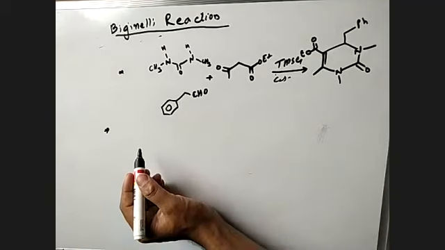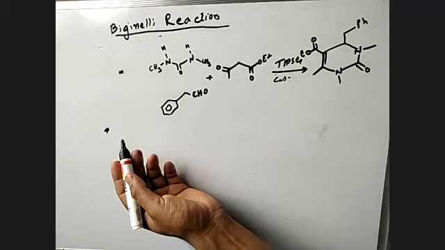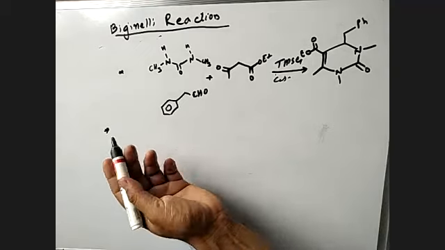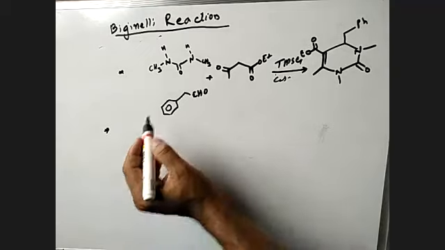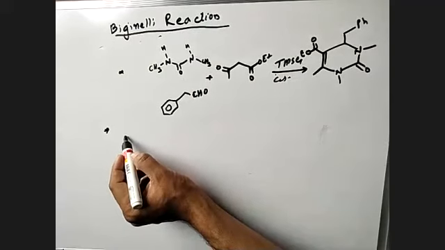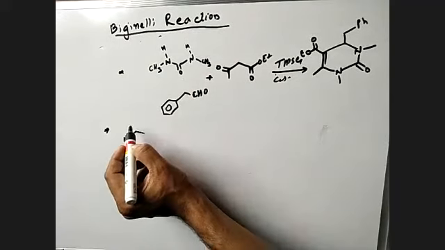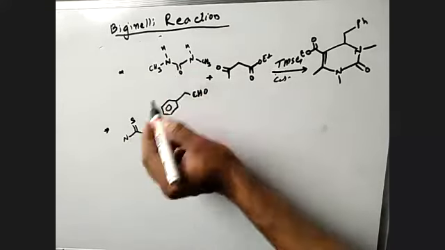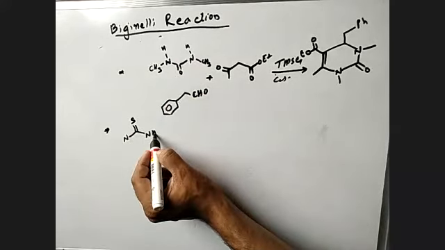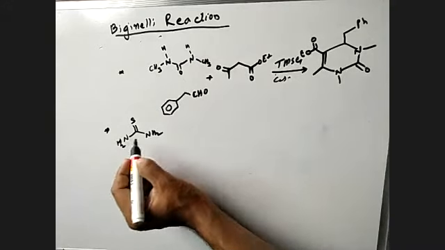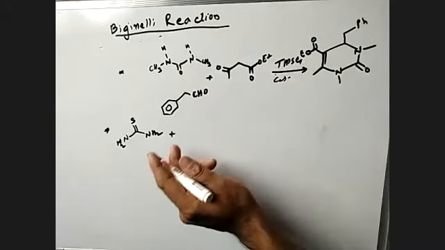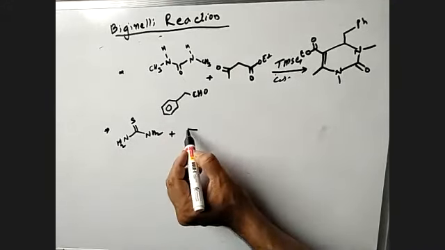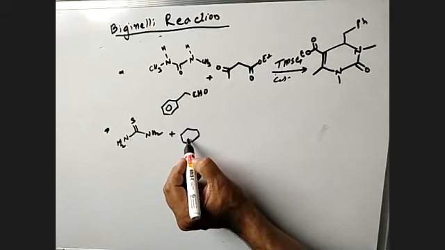Consider this, same, but instead of that, I want to take thiourea. Instead of O, I have taken S. And instead of this aldehyde, you can take another aldehyde, no problem.